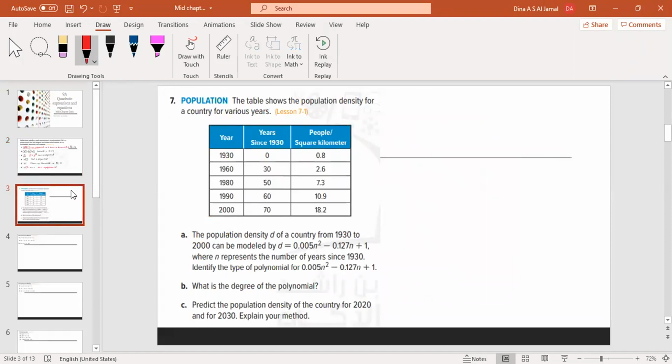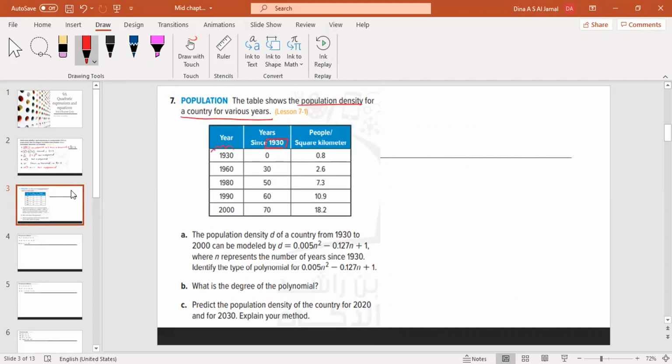Let's go to the other question. So here in question 7, you are having a table which will be showing you the population density for a country for various years. So you are having years, and it will be showing you the number of years since 1930.